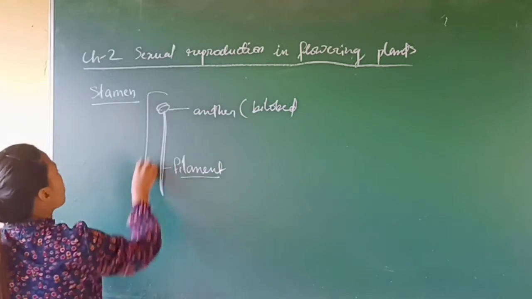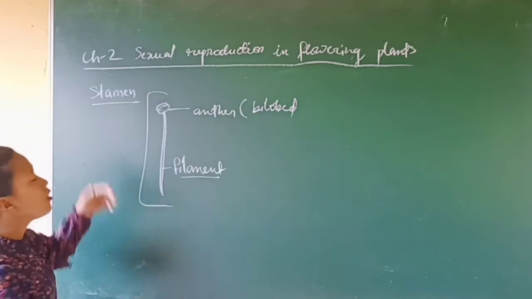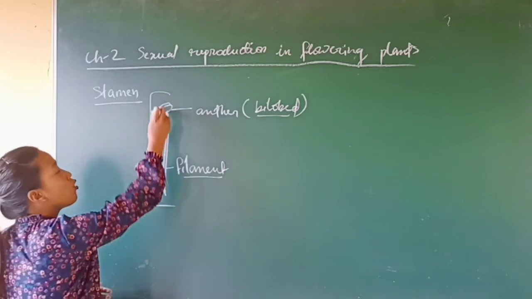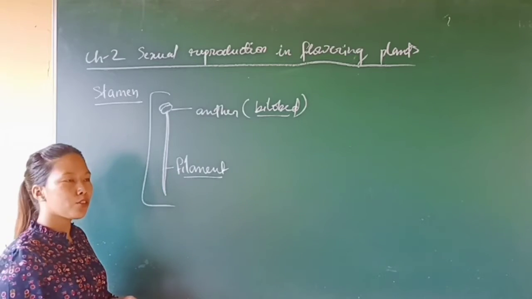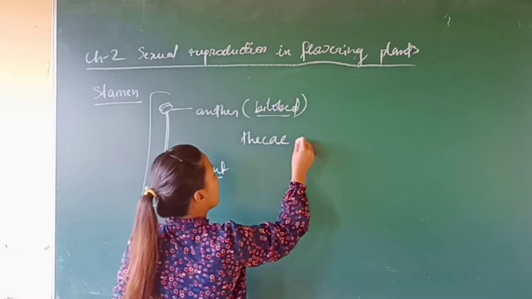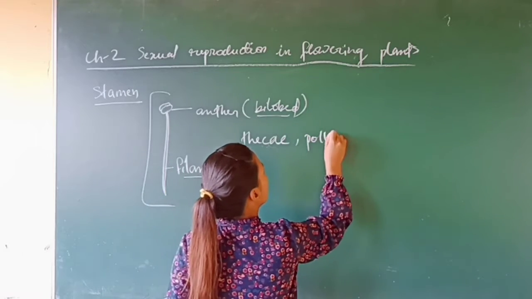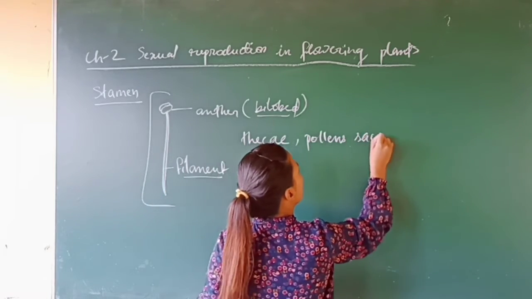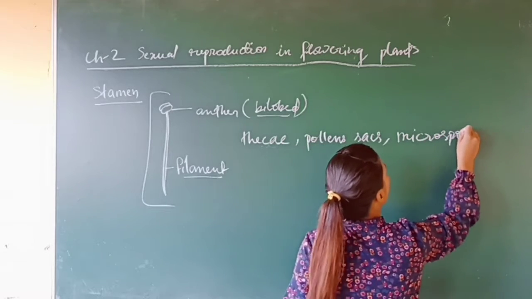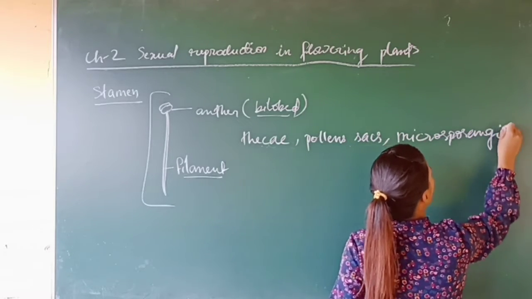This whole structure is called a stamen. This anther is a bilobed structure with each lobe having two thecae, or pollen sacs, or microsporangia. Sporangium, you can say.